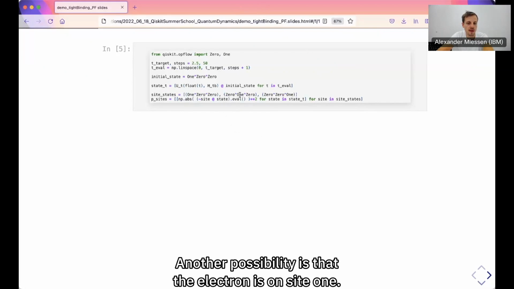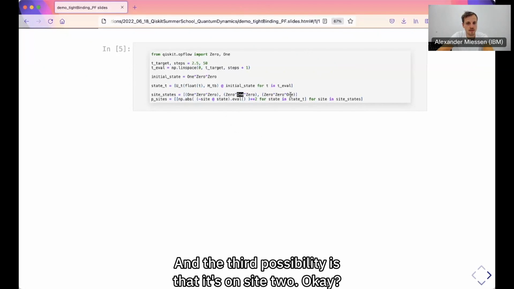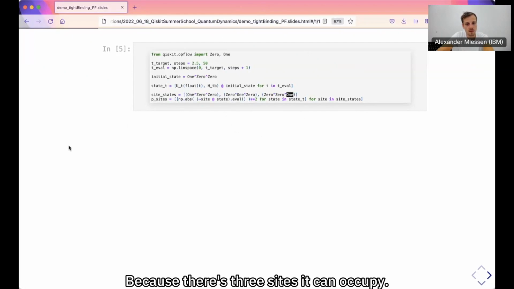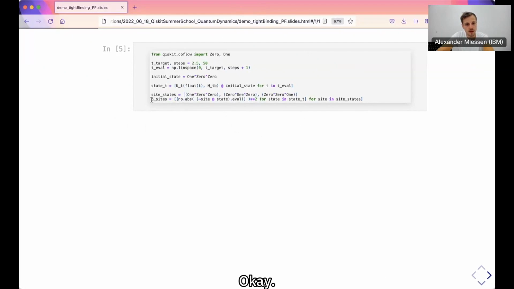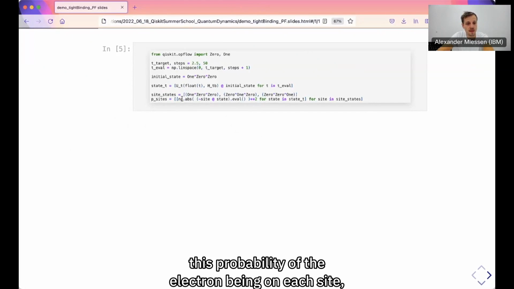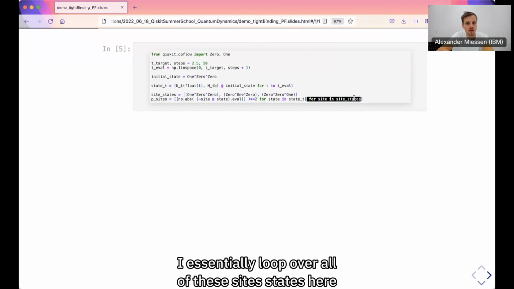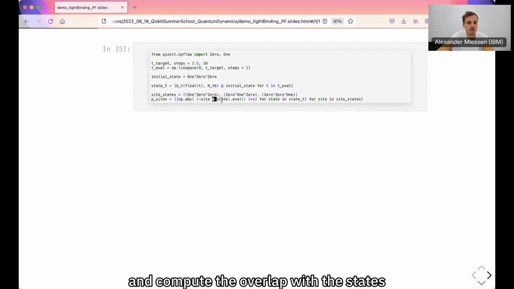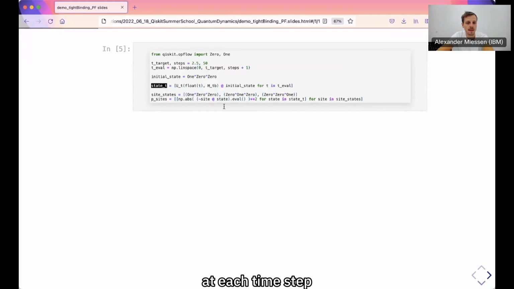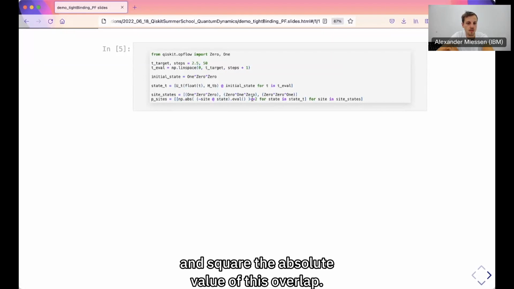Another possibility is that the electron is on site 1. And the third possibility is that it's on site 2, because there are 3 sites it can occupy. To compute the probability of the electron being on each site, I loop over all of these site states here and compute the overlap with the state at each time step and square the absolute value of this overlap.